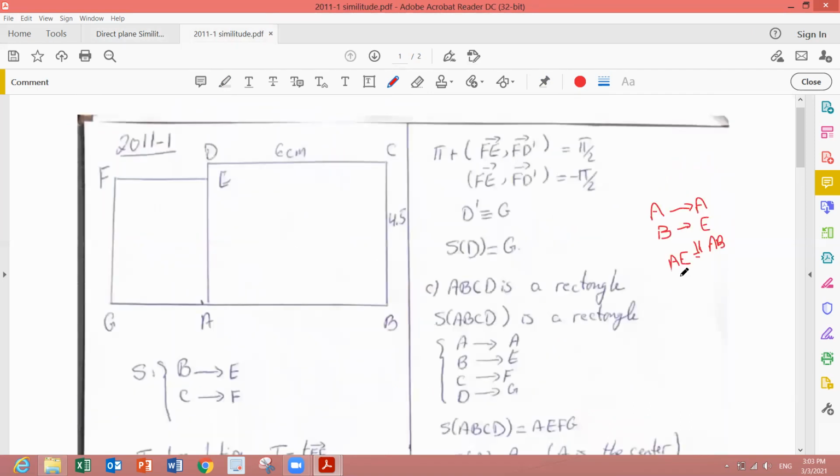AE is 4. So 4 equals K, which is 2 over 3, times AB, which is 6. So it is true. Angle AB, AE is how much? It is pi over 2. It is correct. Then A is the center. Or we can use geometrically. Anyway.